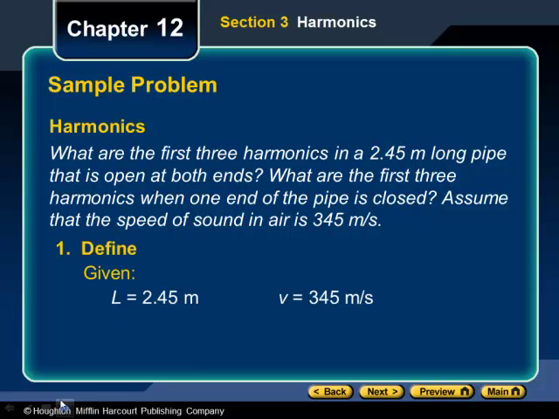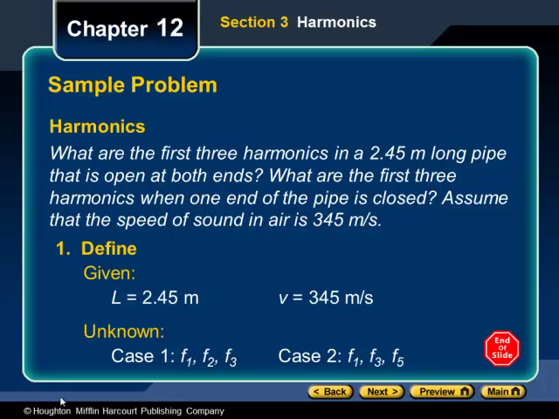Here you see the given information and the unknowns that we want to find. Again, in the second case, over here, the pipe is closed, so we have harmonics 1, 3, and 5. With the open pipe, we have harmonics 1, 2, and 3.